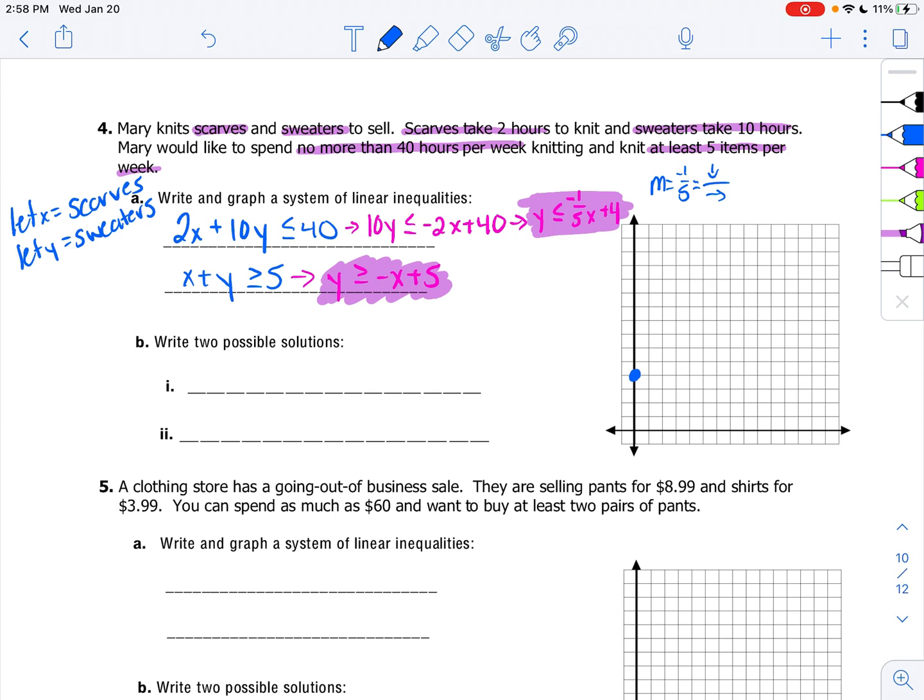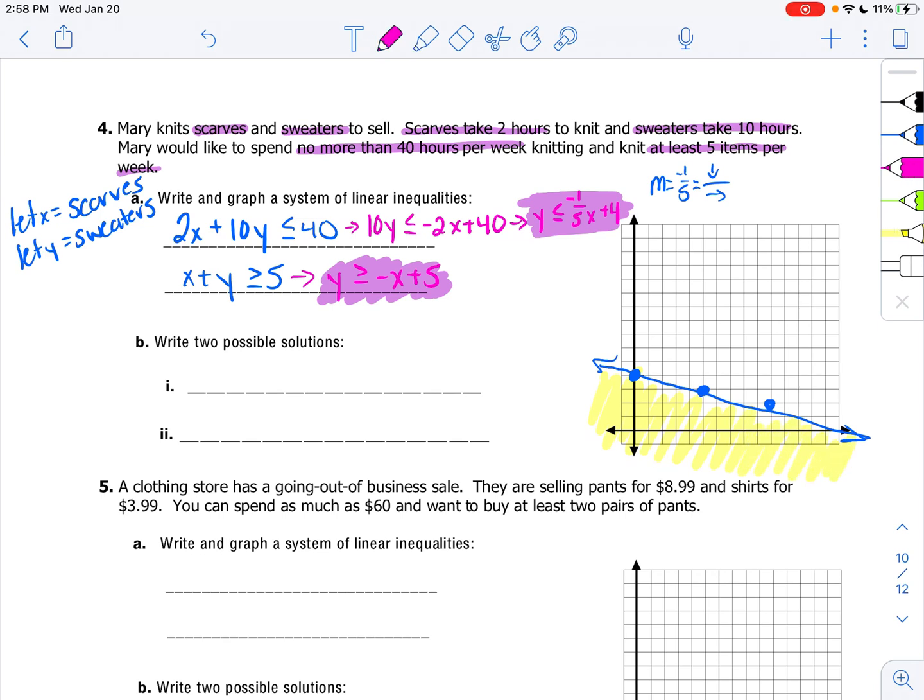So down 1, right 5 would give us this second point, and down 1, right 5 gives us this one. And then before we draw the line, we need to know the inequality symbol. It does have the equals to, so it will be solid. And then it is less than, so what that means is we're going to be shading below the line. So down here.